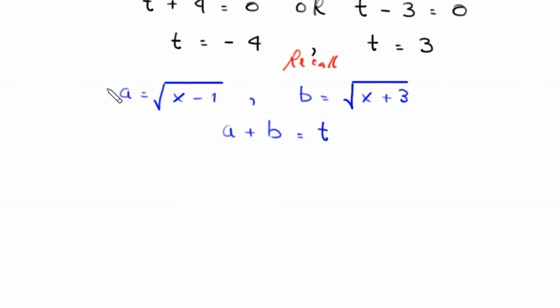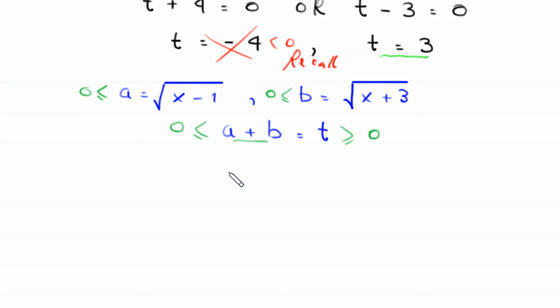Since this a must be greater than or equal to 0 and this b must be greater than or equal to 0, so this a plus b must be greater than or equal to 0, which implies that t must be greater than or equal to 0. Since this negative 4 is less than 0, so this will be rejected, and we accept only this value of t is equal to 3.